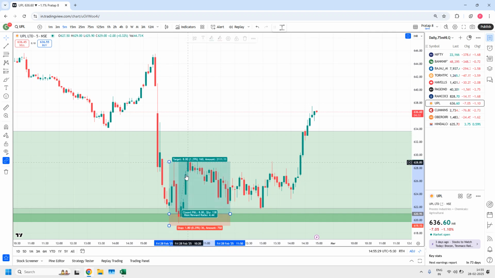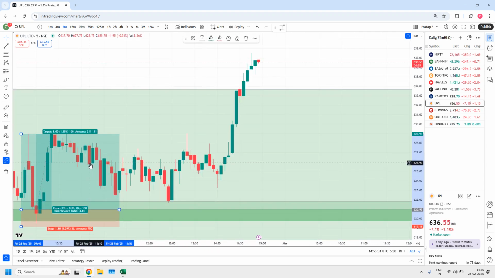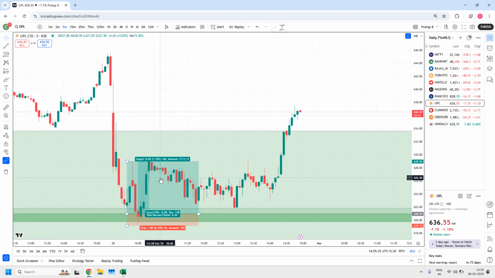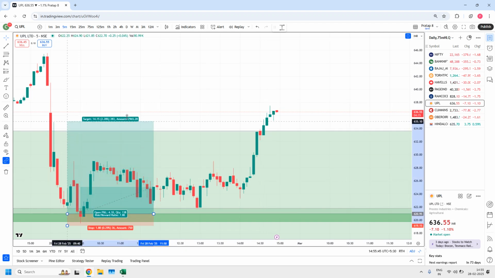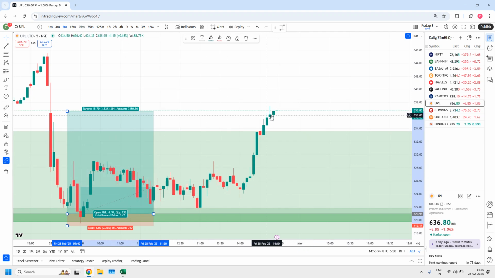Till here, it has given 1:4. It has given 1:4.4, close to 1:4.5, we can say. Till here, 1:8. I know it is not a practical scenario, but I am just trying to check the performance of our high liquidity zones.